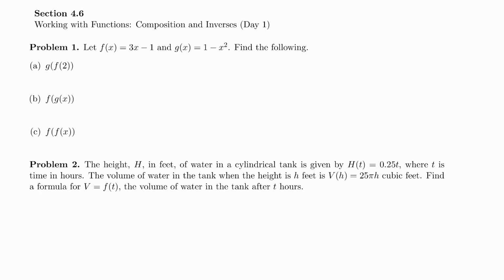So problem 1 says, let f of x be equal to 3x minus 1, and g of x is going to be equal to 1 minus x squared. We are asked to find g of f of 2. So my strategy with these is the following. I'm going to work on the inside first.